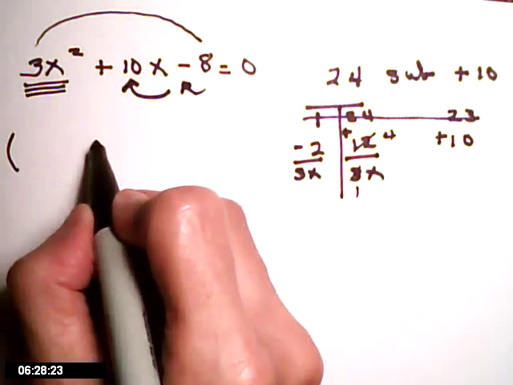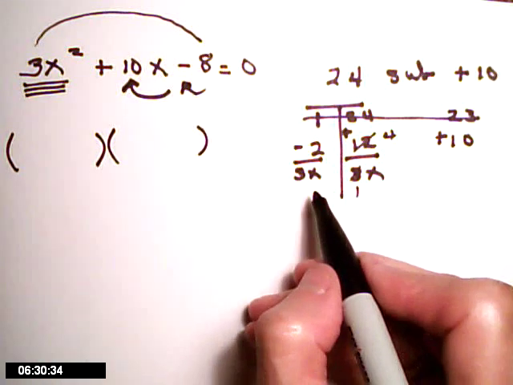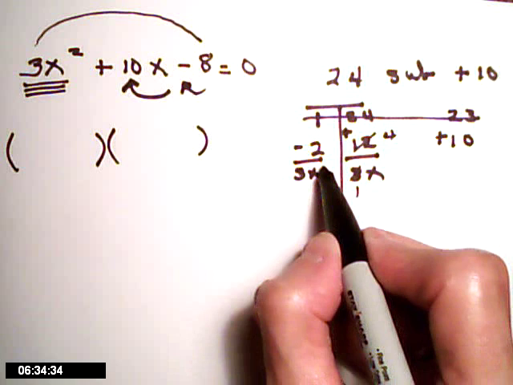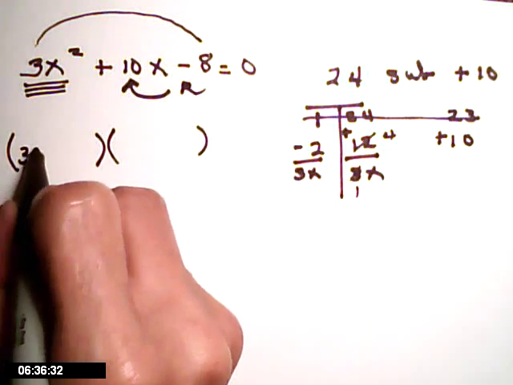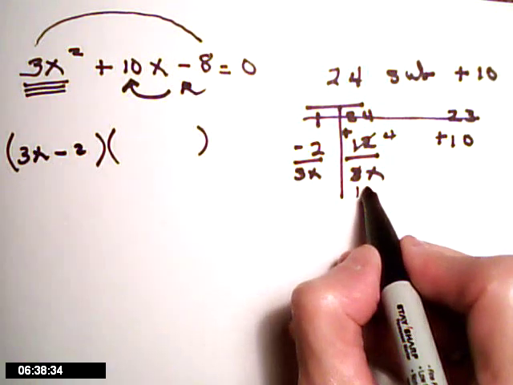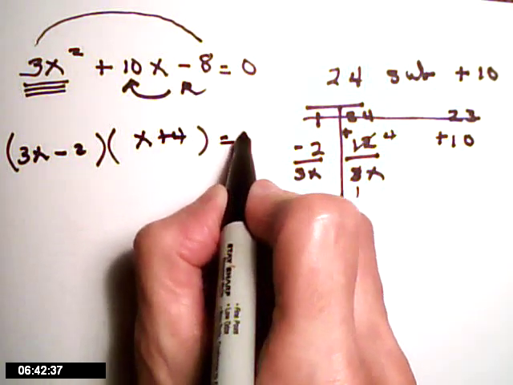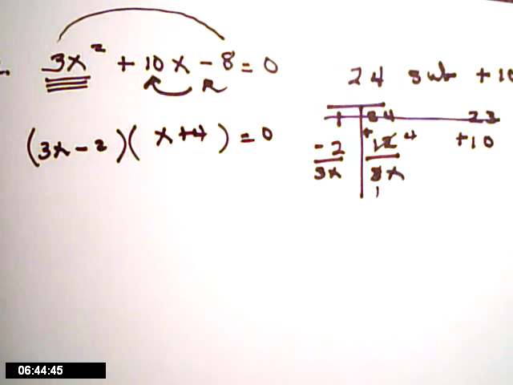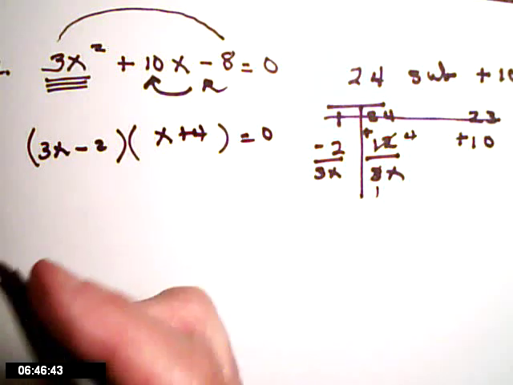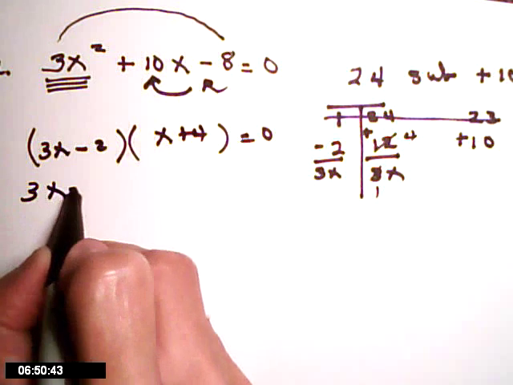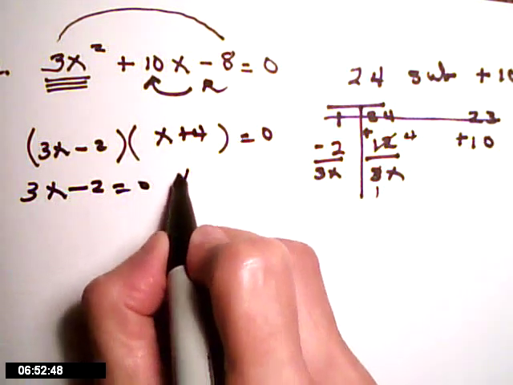Now I call this a bottoms up method because now I'm going to fill my parentheses from the bottom up. 3x minus 2 and x plus 4. And if you notice, there's no trial and error, there's no working with a lot of fractions, no guessing. It just works out every time, and that's what I like about this.